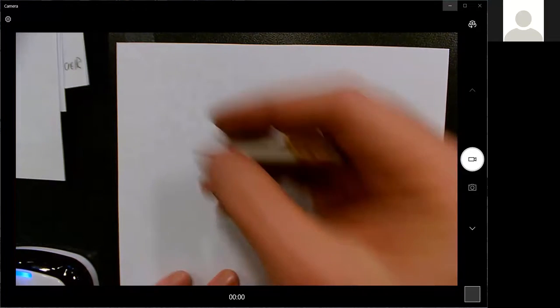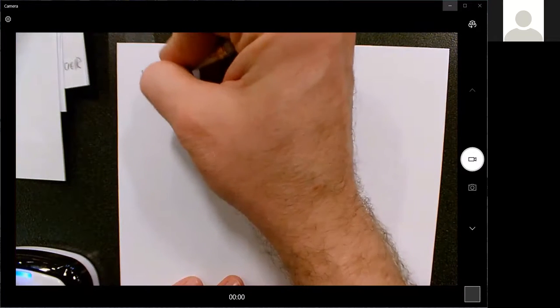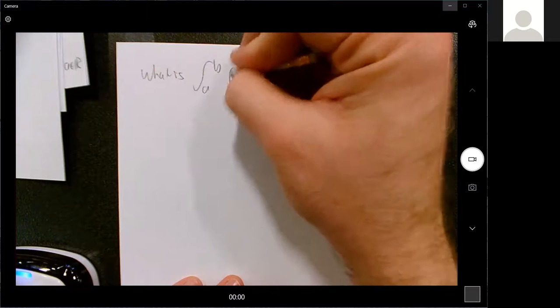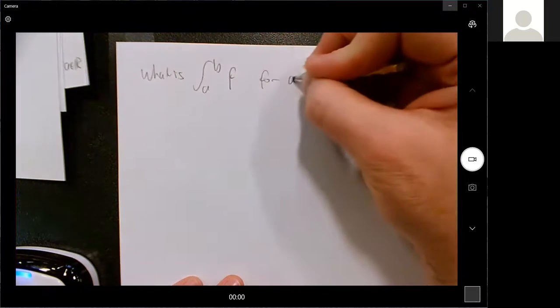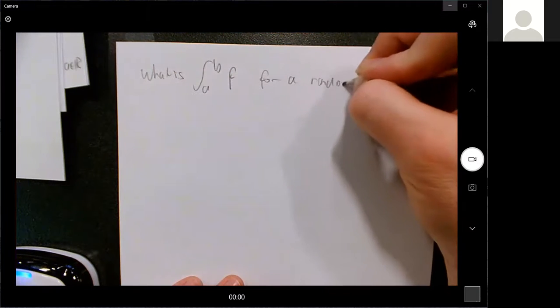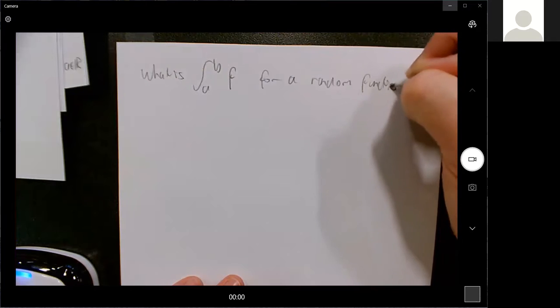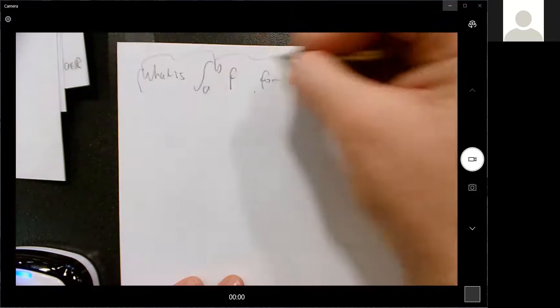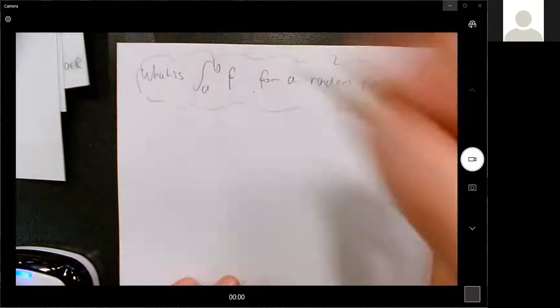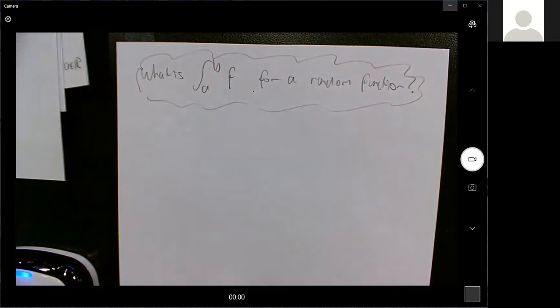So I'm pretty sure, what is an integral? That's something that I want to know. What is that for a random function? And I'm pretty sure it's the supremum of all the lower sums and the infimum of all the upper sums.